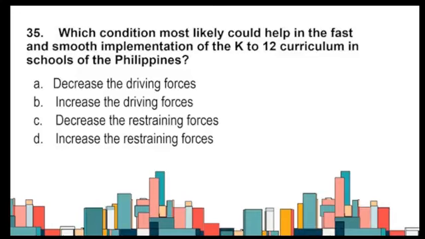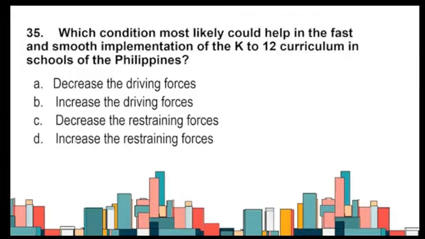And dropout rates also increase. So those are the restraining forces. So in order to help the fast and smooth implementation of the K-12, we decrease the restraining forces by providing solutions to those restraining forces.